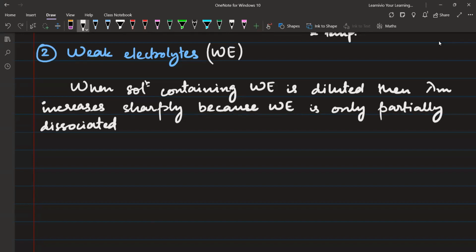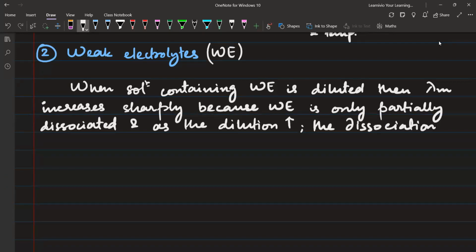It's only partially dissociated, and as the dilution increases, the dissociation of electrolyte also increases.